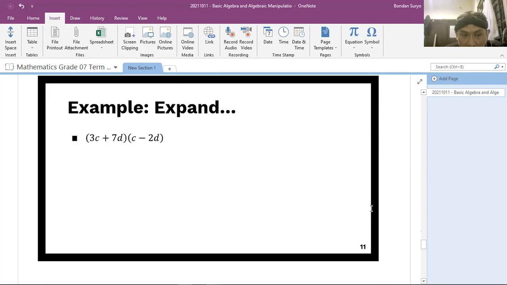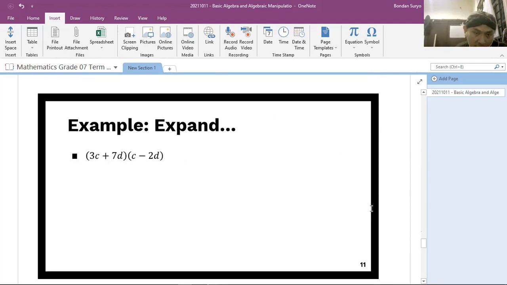Now this one. 3c times c first. It'll be 3c squared, because c times c equals c squared. This one, 3c times negative 2d, negative 6cd.